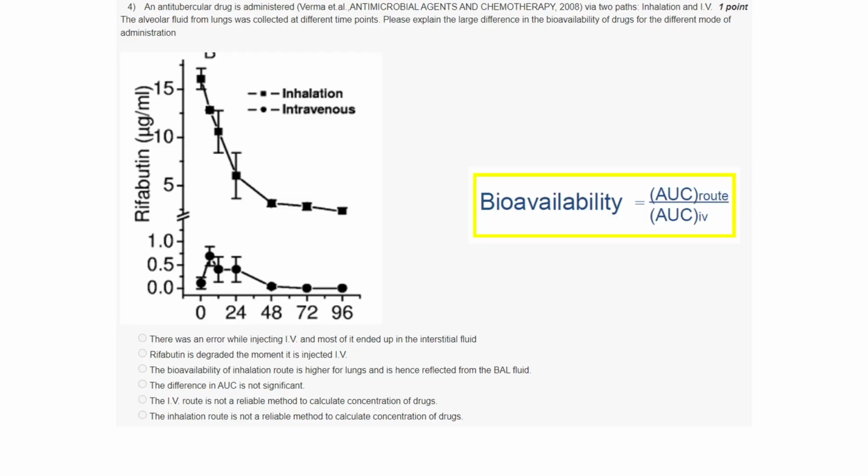Just for your information, I'll give the bioavailability formula also here, which is essentially a ratio of the area under the curve given by any route to the area under the curve given by the IV route. Area under the curve is essentially this area. Anybody wants to give it a try?